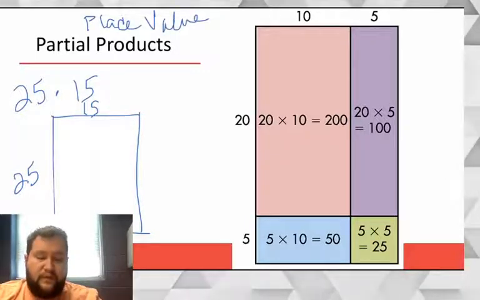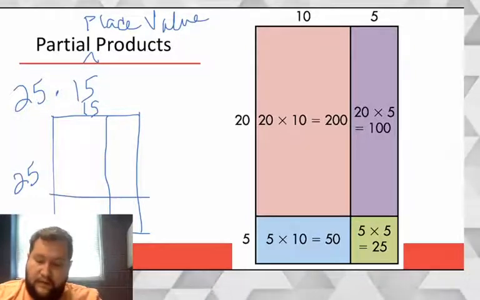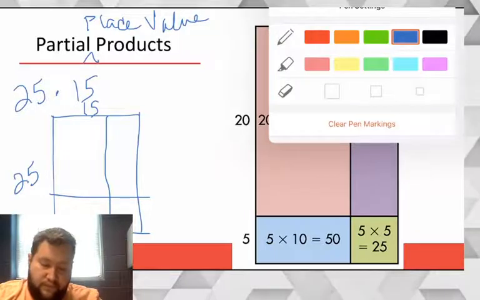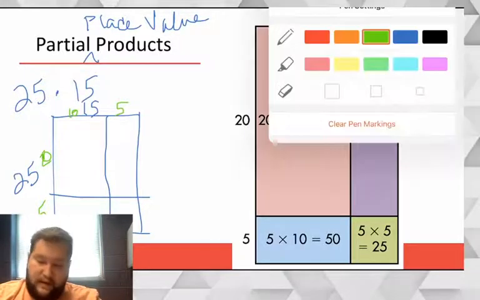So you can almost call this partial place value products, because I'm going to split this into, let me pick a different color, 20 and 5, and 10 and 5.